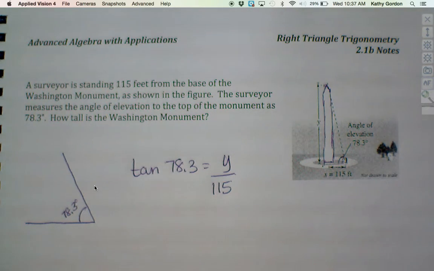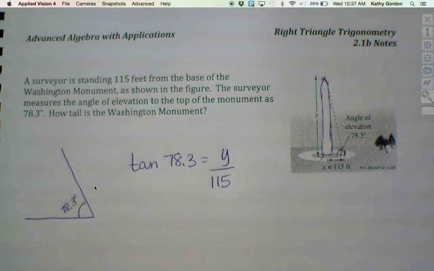So any kind of situation where you have some object that you can assume is probably pretty much perpendicular to the ground, then you can set up situations where you can say, well, that's going to be my right angle.